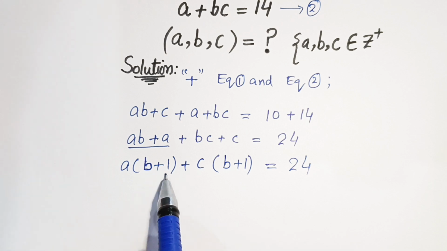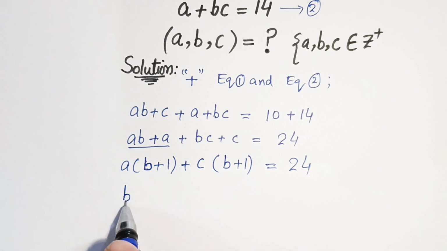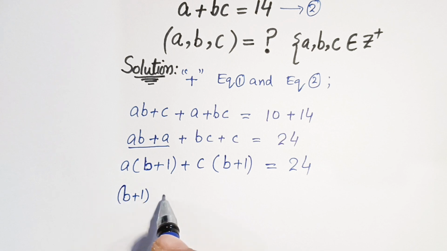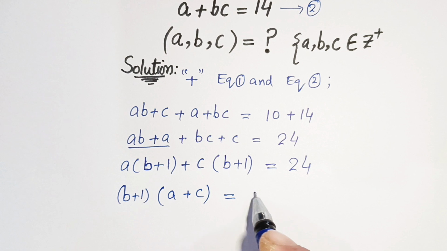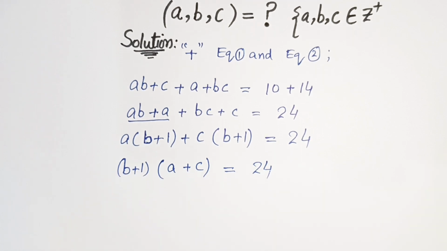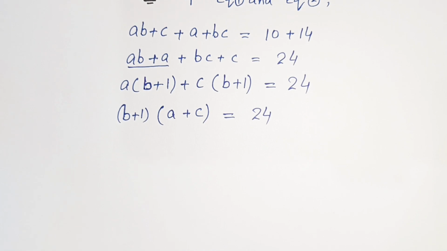Now we see that b plus 1 is a common term, so we take b plus 1 common. Here we get a plus c, which is equal to 24. So b plus 1 times a plus c is equal to 24.